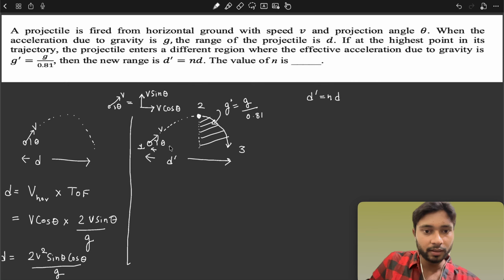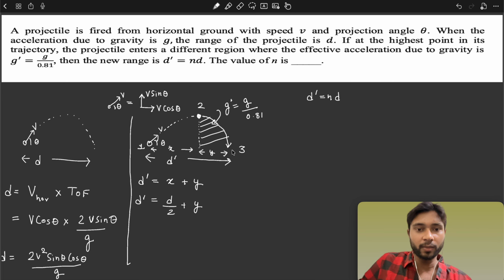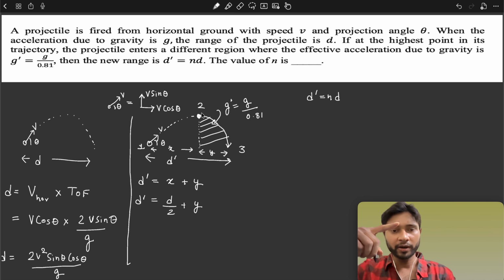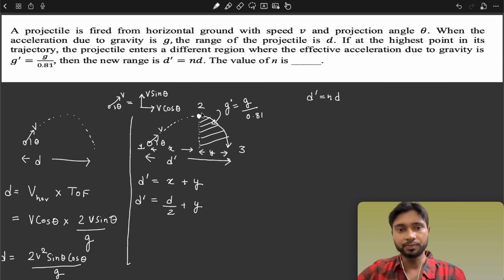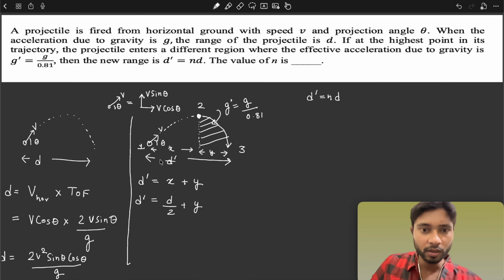I am writing this distance as x and the other as y. So d dash is nothing but x plus y, where x is half of the original range, x is d by 2, and we have to figure out y. Y is the horizontal distance between point 2 and point 3, from the highest point to the last point of the projectile. So now let's calculate y.